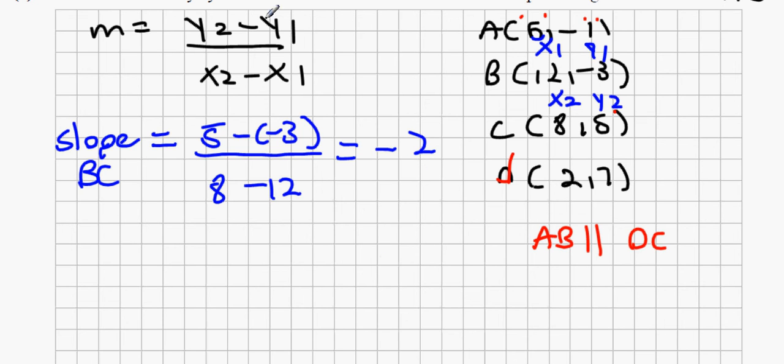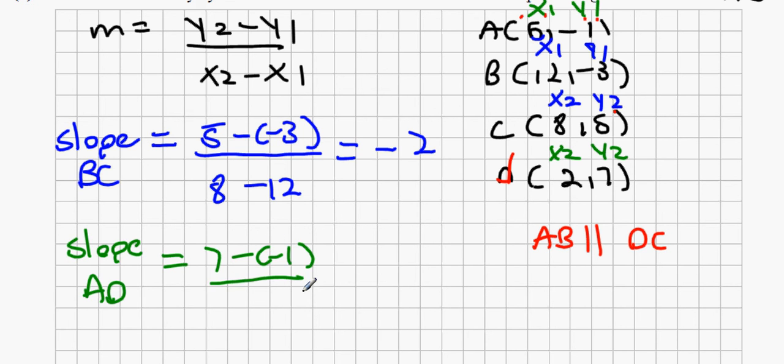And then we're going to have a slope of AD. And this is going to be x1, y1, x2, y2. And then we're going to get 7 minus 1 divided by 2 minus 6.